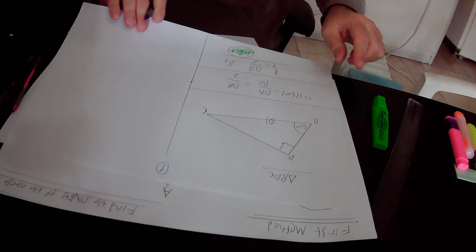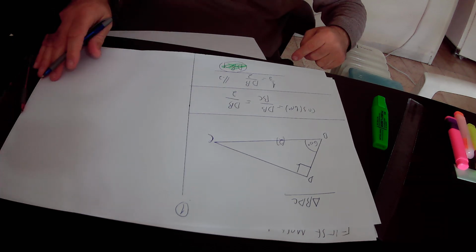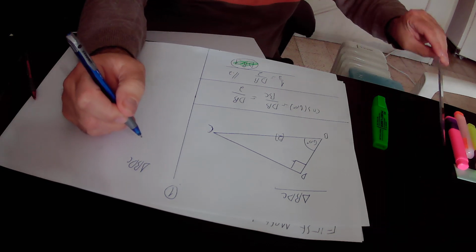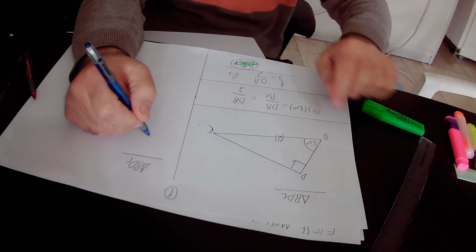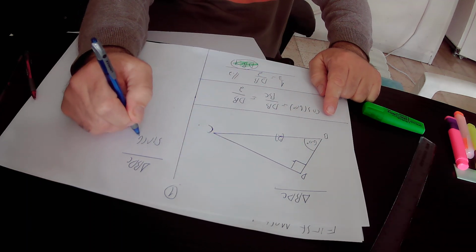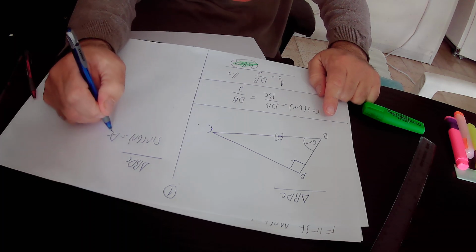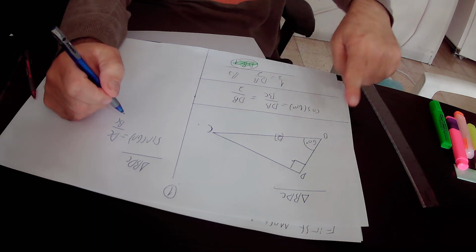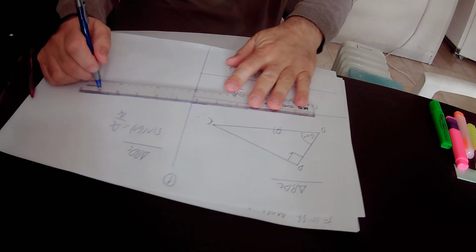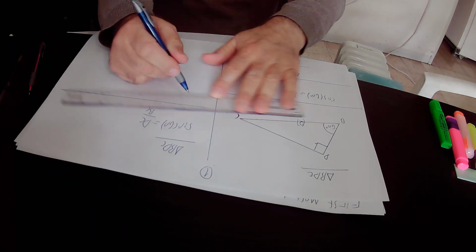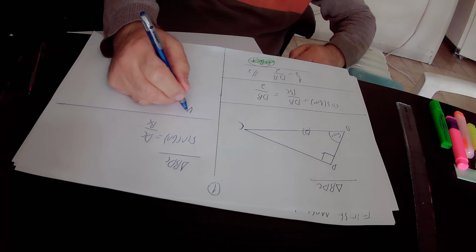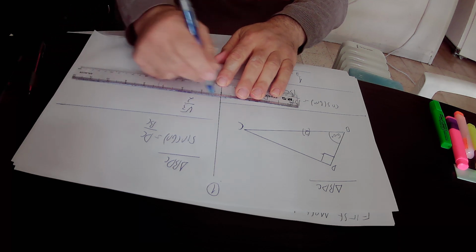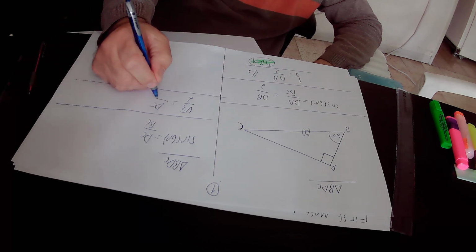We will continue to focus on this right triangle BDC. In the right triangle BDC, sine 60 degrees equals DC over BC. Sine 60 degrees is equal to square root of 3 over 2, and it equals DC over BC.